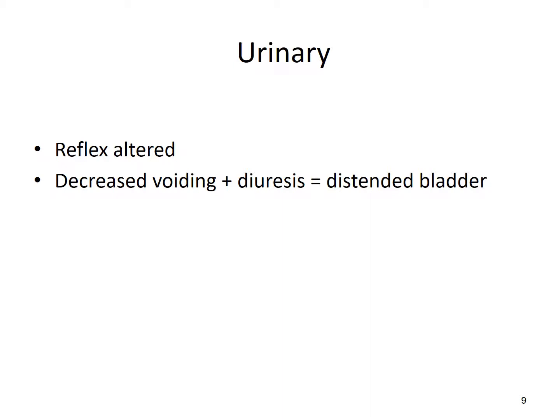The urethra can often be bruised and edematous, with anesthesia, discomfort, and episiotomy. Diuresis occurs in the first 12 to 24 hours. Commonly, patients have decreased voiding with normal increased diuresis, increasing their risk for a distended bladder, which also increases risk for hemorrhage due to subinvolution.